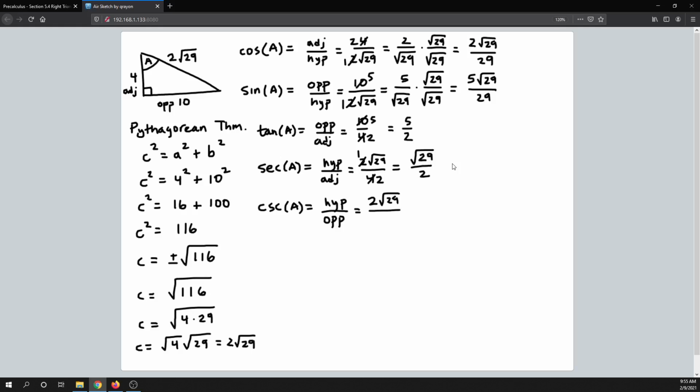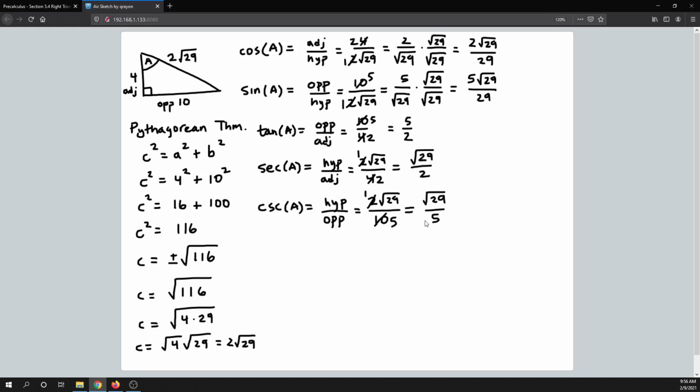The opposite is 10. All right, and here, again, we have a common factor of 2 that's common to the numerator and denominator. So 2 goes into itself once, it goes into 10 5 times. So we wind up with square root of 29 over 5.